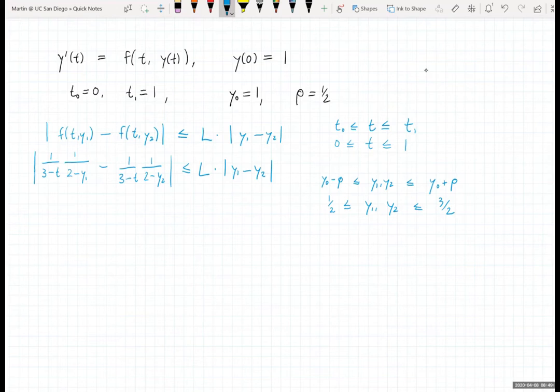We have found a rectangle where the right-hand side of the initial value problem f(t,y) is continuous, and essentially we only need to stay away from the singularity area.